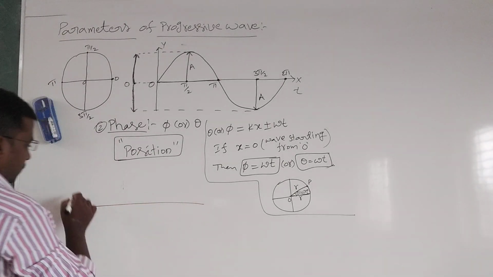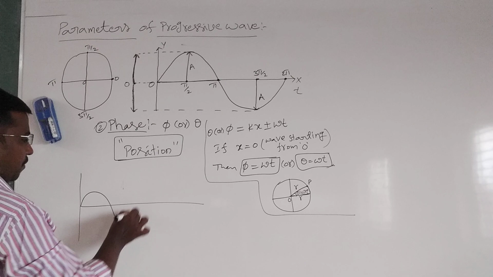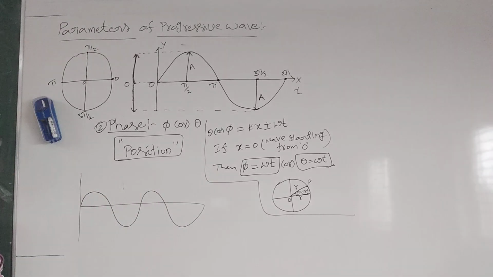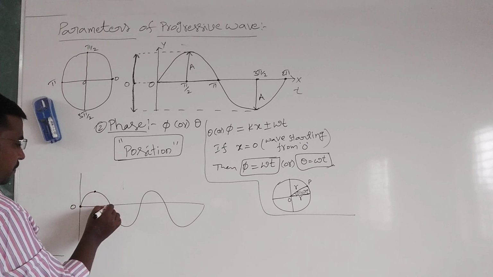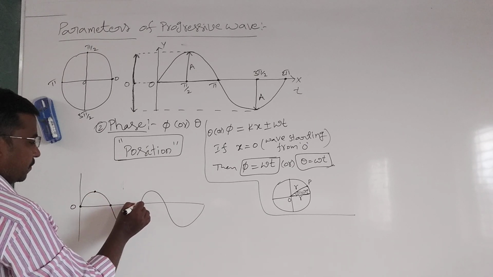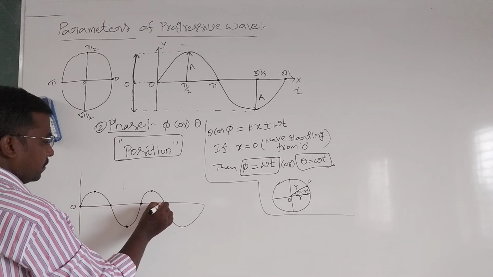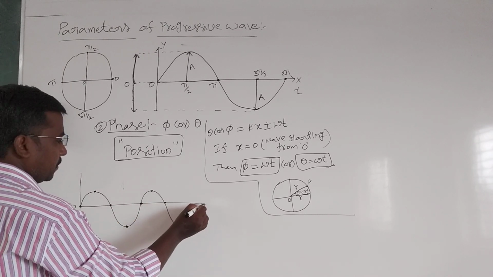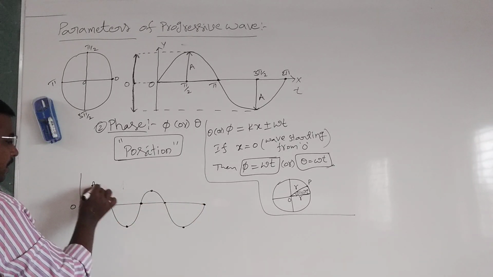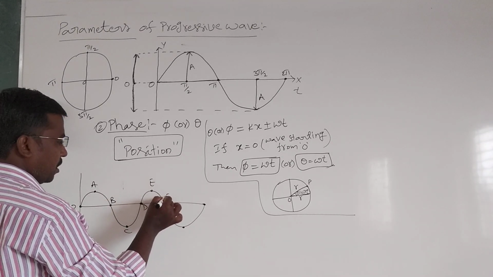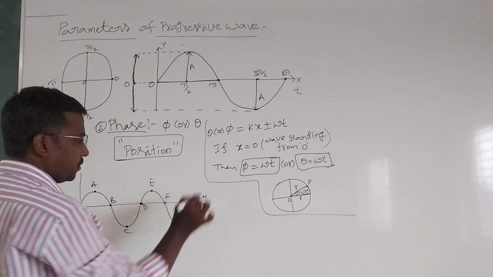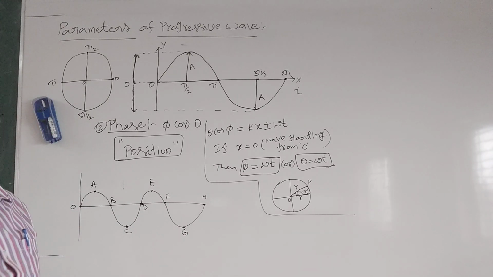So for example, we can take a wave starting from origin. We can take some points on the wave. These are the points A, B, C, D, E, F, G, H. You consider some points.